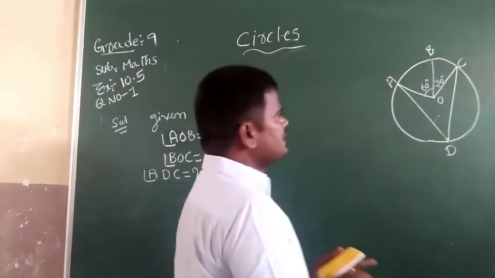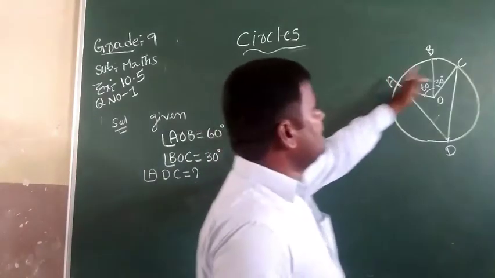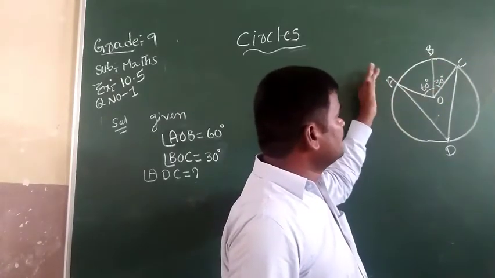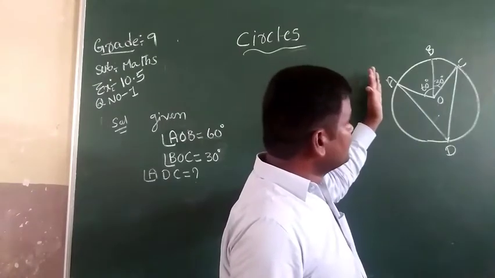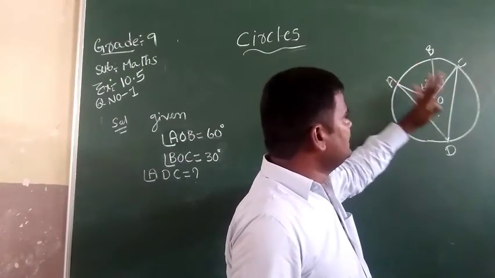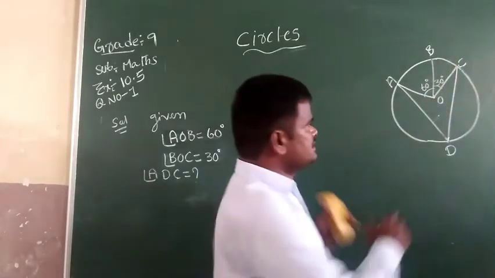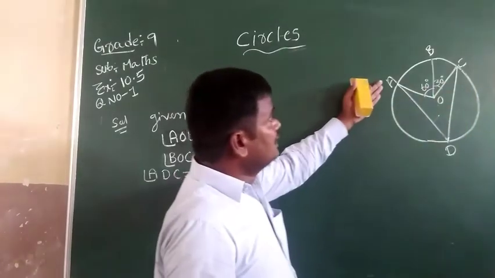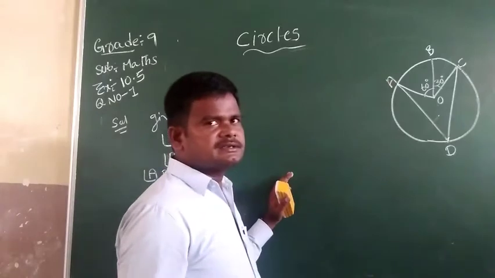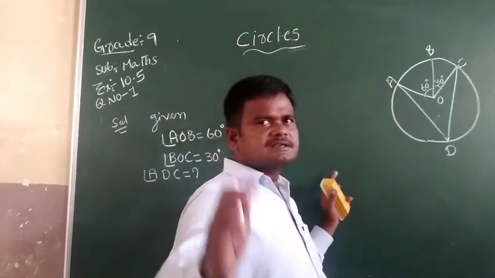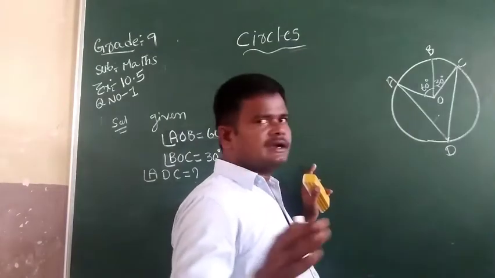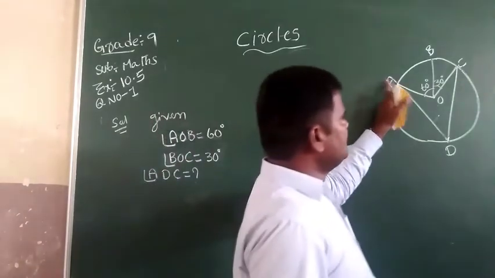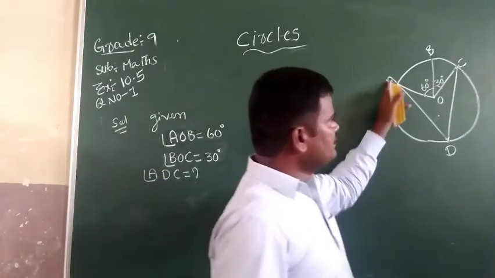So what is the subtended angle at the center by arc AC? The subtended angle of arc AC at the center is angle AOC. This is the complete subtended angle of arc AC at the center. So angle AOC equals 2 times angle ADC, with D on the remaining part of the circle.